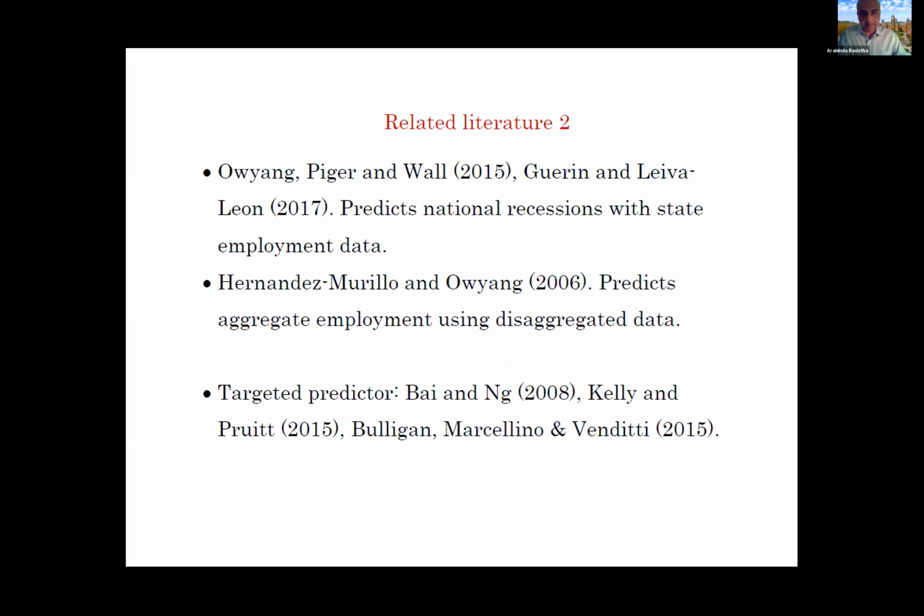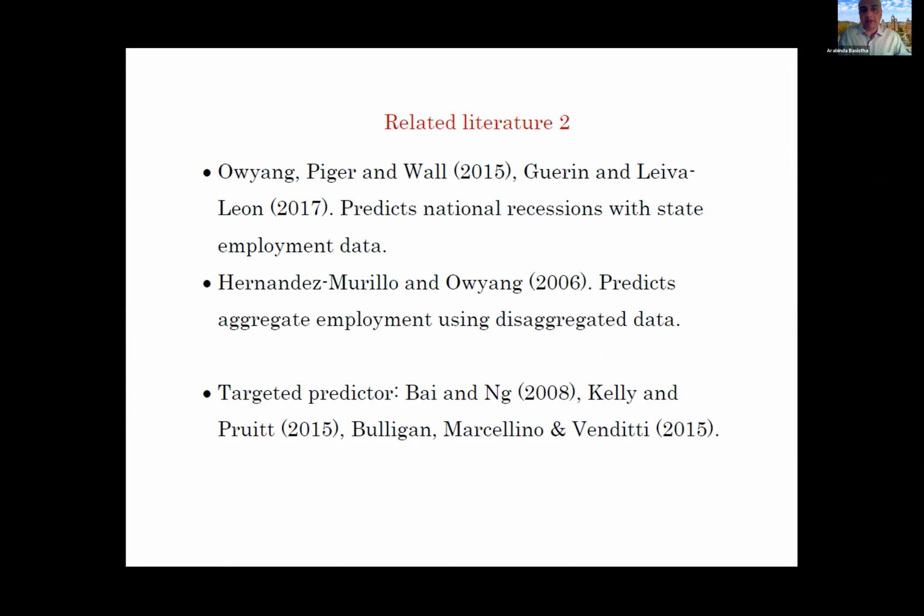The second strand of literature that I build on is the Owyang, Piger and Wall paper and the Fosten and Nandwani paper that argue, so basically I'm not the only one who says state employment does have predictive power.